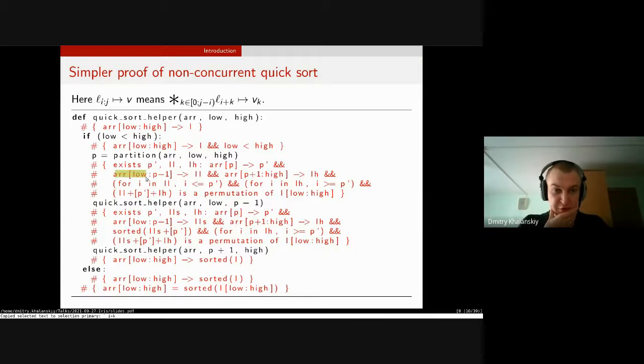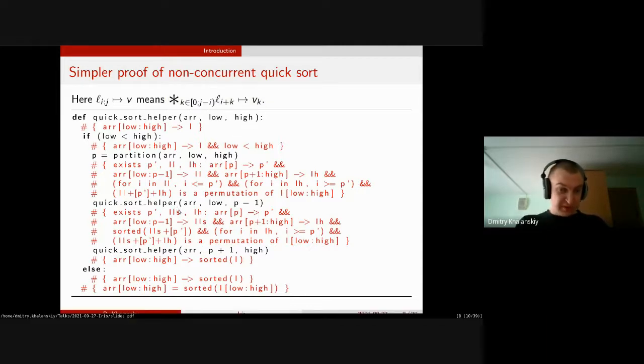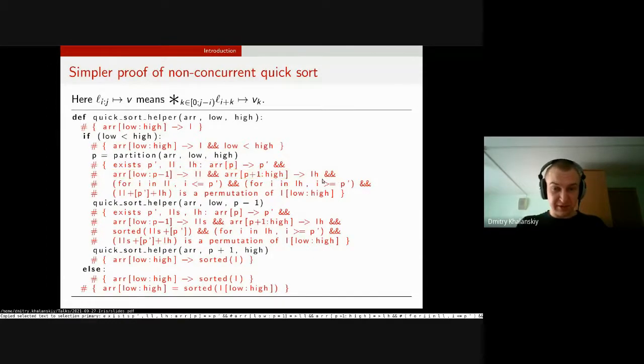So when I write here that the part of the array starting from index called low and ending at index p-1 maps to the list LL, it means just this. Well, we didn't really win much, and now we have to explicitly state all the ownership.